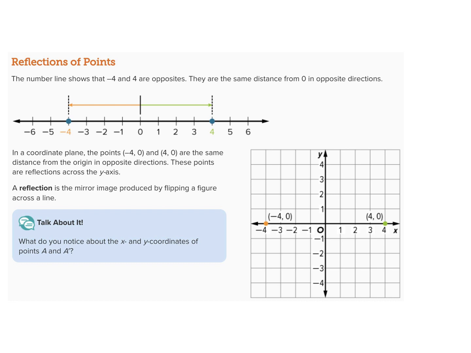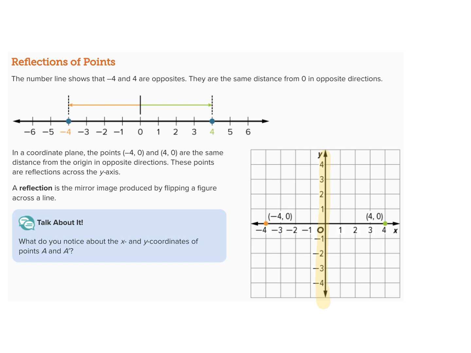So not only are 4 and negative 4 opposites, but the ordered pair on a coordinate grid is a reflection of the other point. And they are a reflection because they are the same distance away from this line, and we call it a line of reflection. They are each 1, 2, 3, 4 units away from the y-axis.